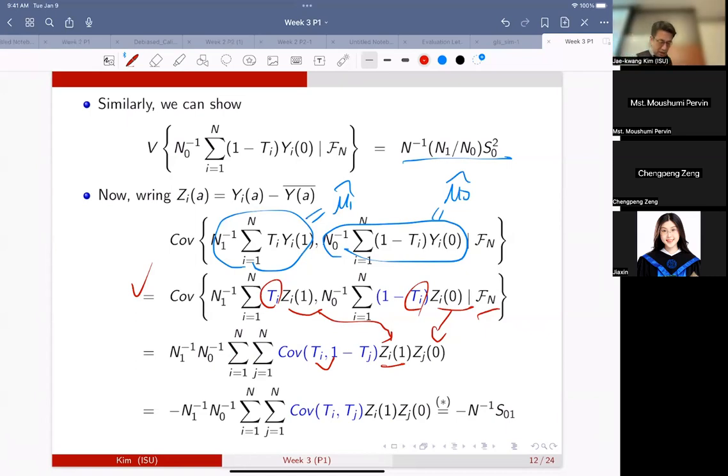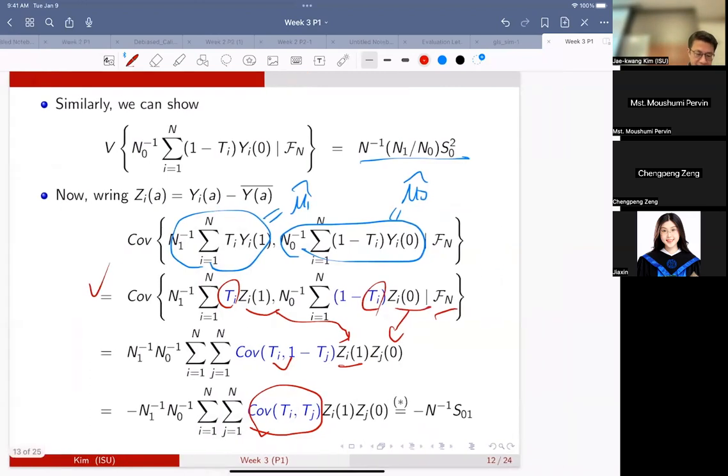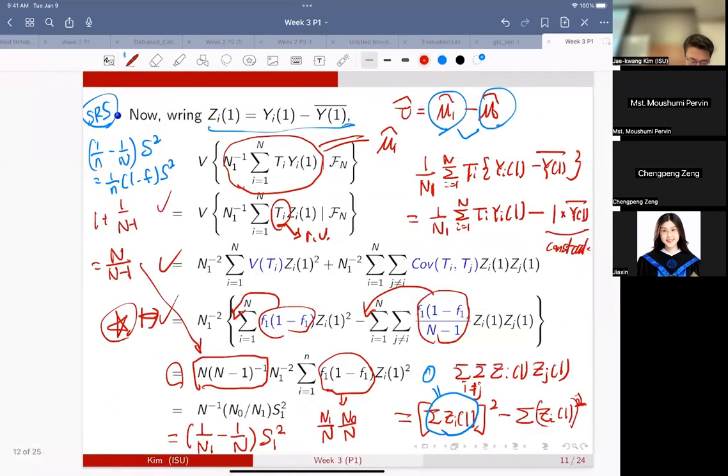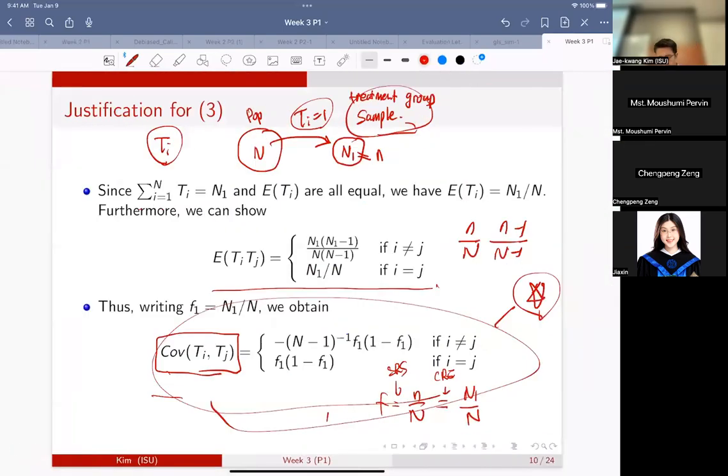Now the question is how to compute this one. Well, okay, that has some extra algebra, right? So how to compute it may take some time. So covariance of T_i, T_j, that we actually know.